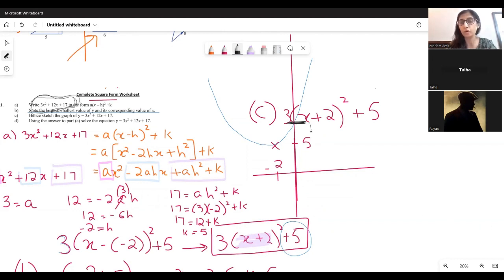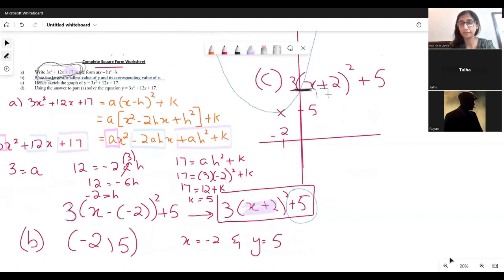So the constant is always the y-intercept. Whatever is the constant of the curve, that is the y-intercept of the curve. Plus 17 is the constant, so plus 17 is the y-intercept. So this is the graph of the given expression, 3x² + 12x + 17. Okay, done with part C.